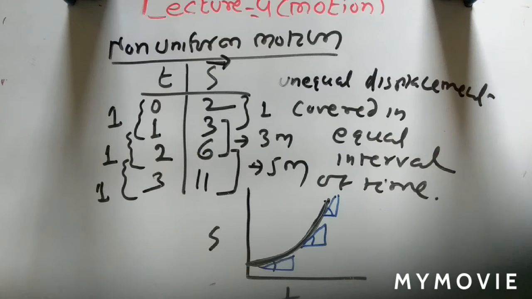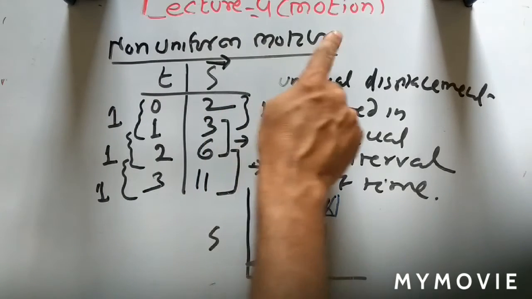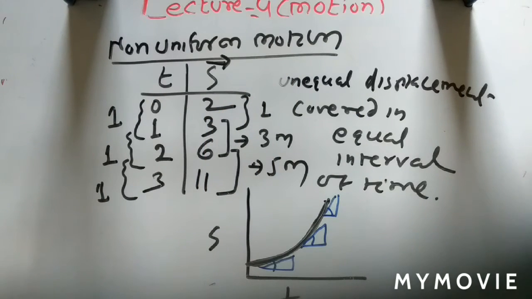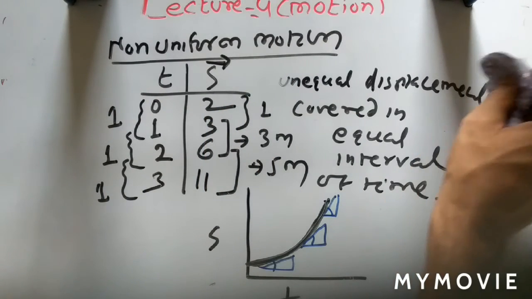If slope at various points is different, then speed or velocity at different points will also be different. That means for non-uniform motion, velocity is not constant. For uniform motion, velocity is constant.